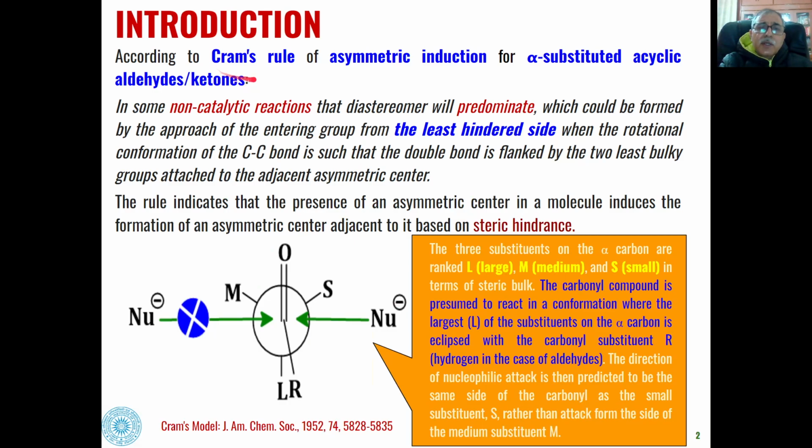Now, Cram's rule is basically for the asymmetric induction in case of alpha substituted acyclic aldehydes or ketones.